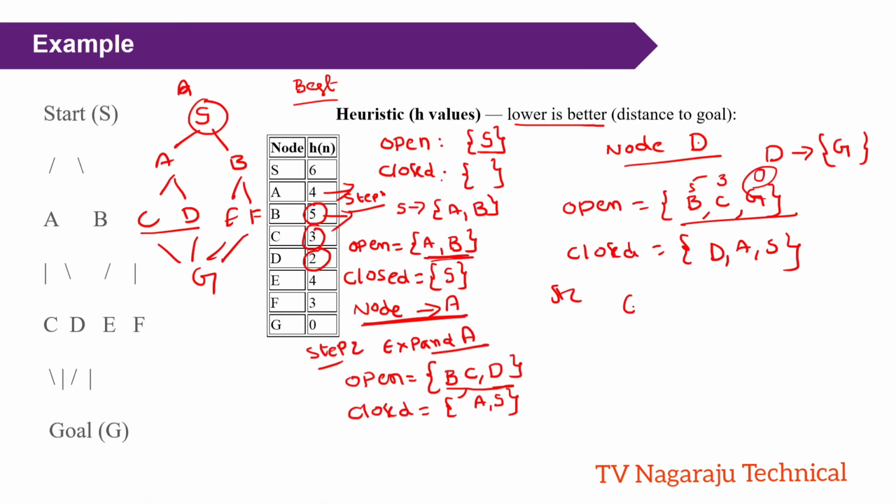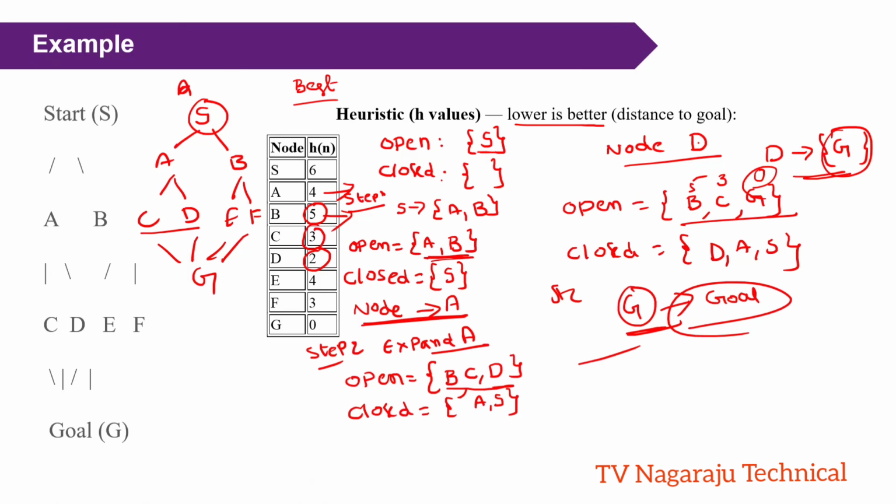Anyway, we are selecting node G. G is the goal node, which is also in the previous step. Here also we are selecting G. Once your goal node is reached, stop the process. Clear? In each and every iteration, select the node which has the best heuristic value.